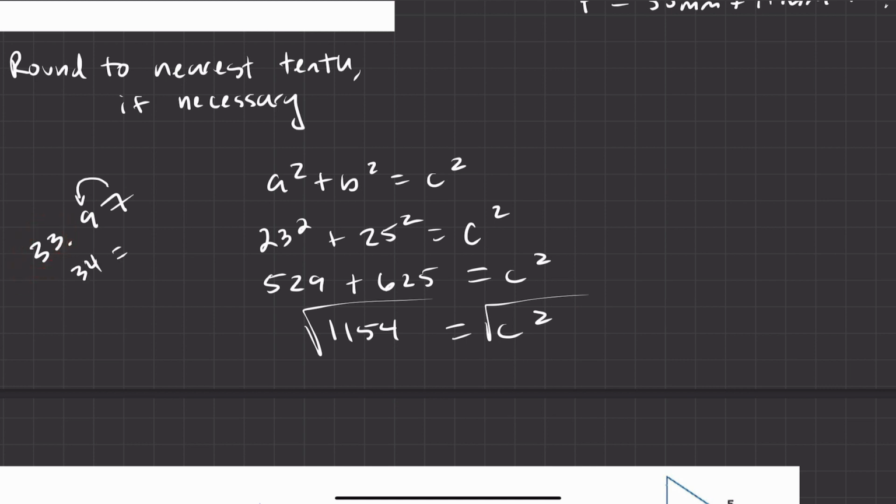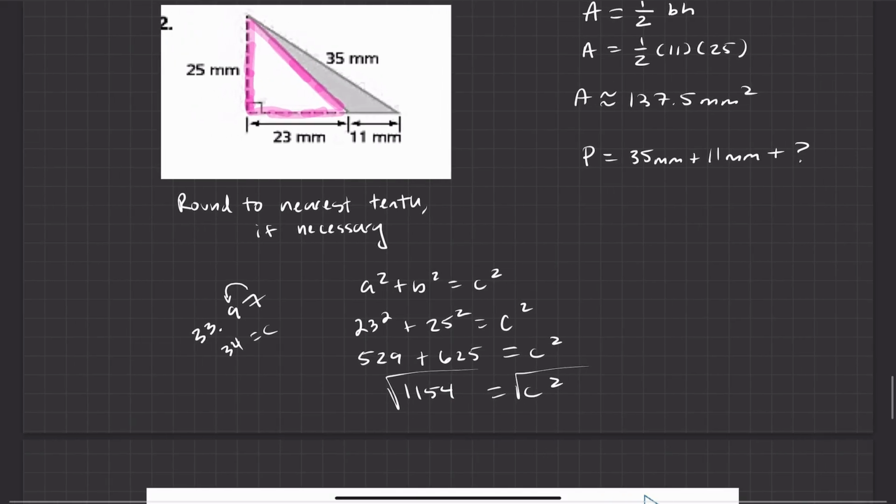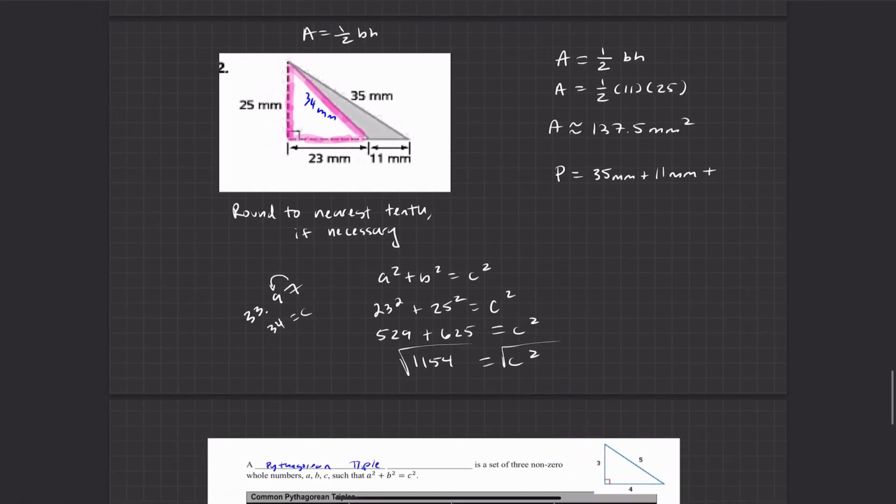So c is equal to 34. Then I can replace this question mark with 34. And then we have 35 plus 11 plus 34, and our perimeter is 80 millimeters.